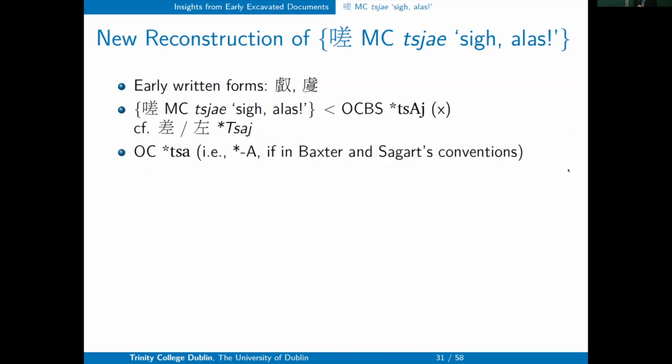And now we can conclude that from the earlier written forms of this word, which use the phonetic 且, belonging to the Old Chinese R rhyme group, this word should be reconstructed as za rather than 在 in the Old Chinese Ge rhyme group. And if we follow Baxter and Sagart's conventions, we should write it as a capital A.